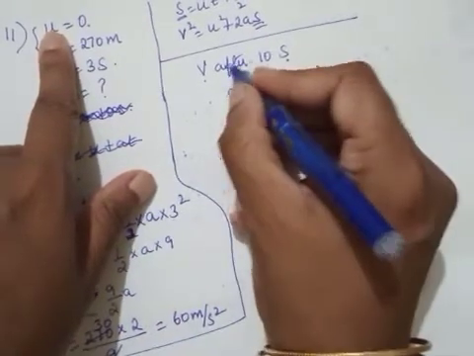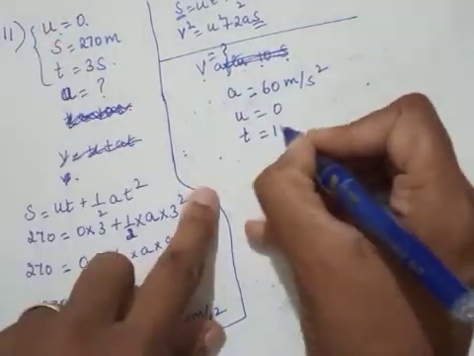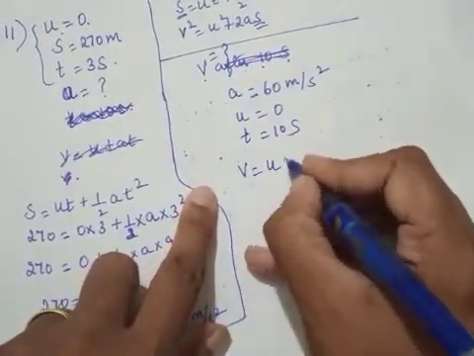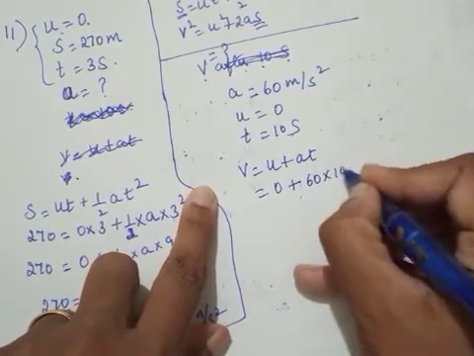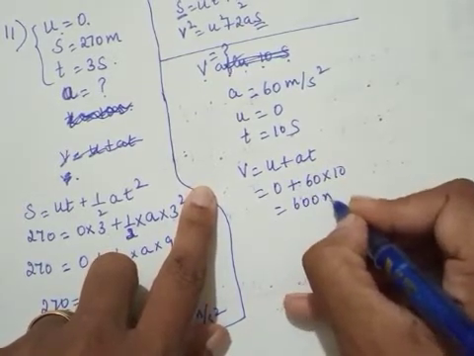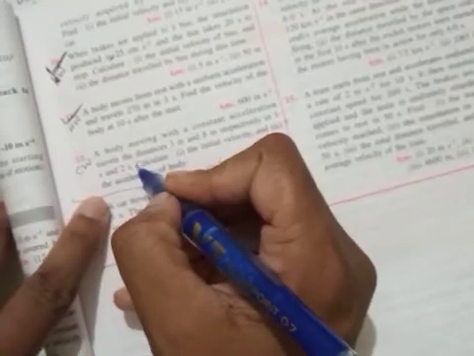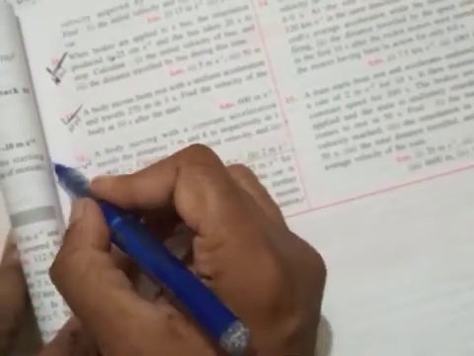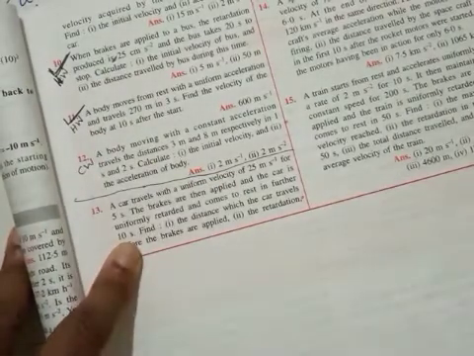So we have to find V, time is 10 seconds. So simply V is equal to U plus at, 0 plus 60 into 10, that is 600 meter per second. 600 meter per second. So this is how the 11th one has to be done.